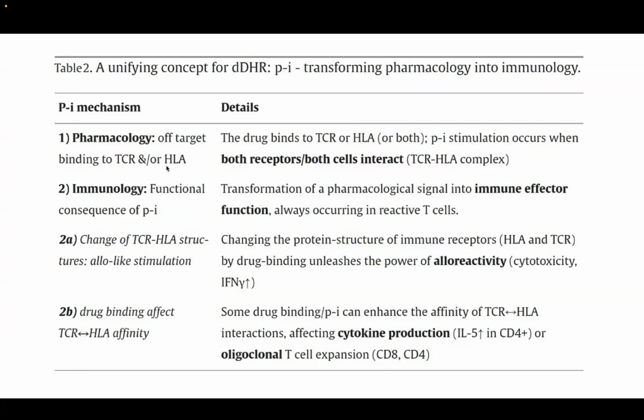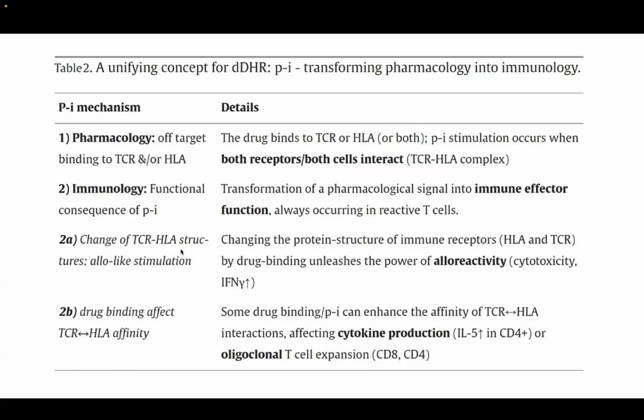Then this pharmacological effect will convert into immunological consequences: transformation of the pharmacological signal into an immune effector function occurring in reactive T cells. And then you get reactive T cells secondary to this complex formation.